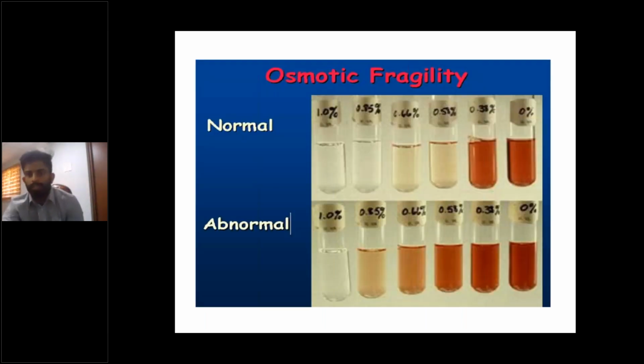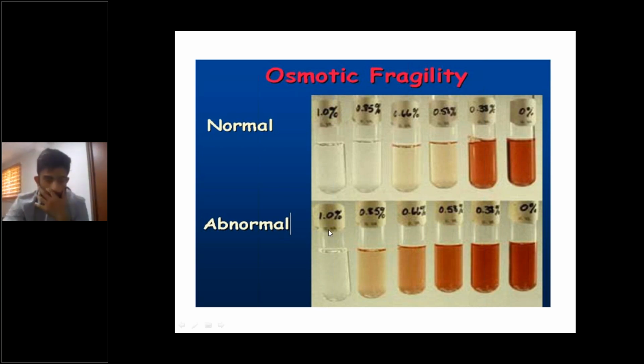Osmotic fragility. Here you can see the normal one at 1%, it's 0 because 0.9% is the normal saline. At 0.85% it's almost nil. At 0.66% a little bit of hemolysis is seen, at 0.5% a little more hemolysis, at 0.38% a lot more hemolysis, and at 0% full hemolysis can be seen.